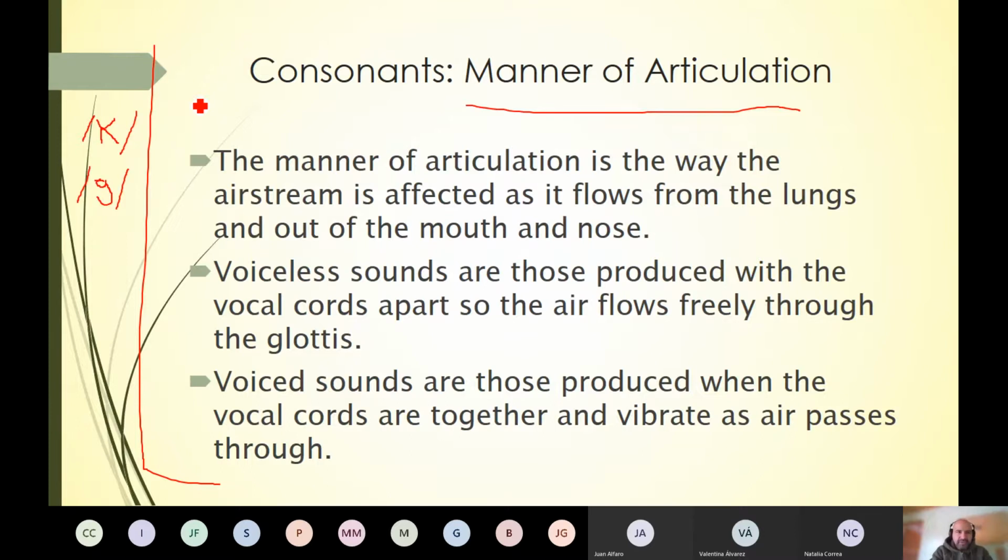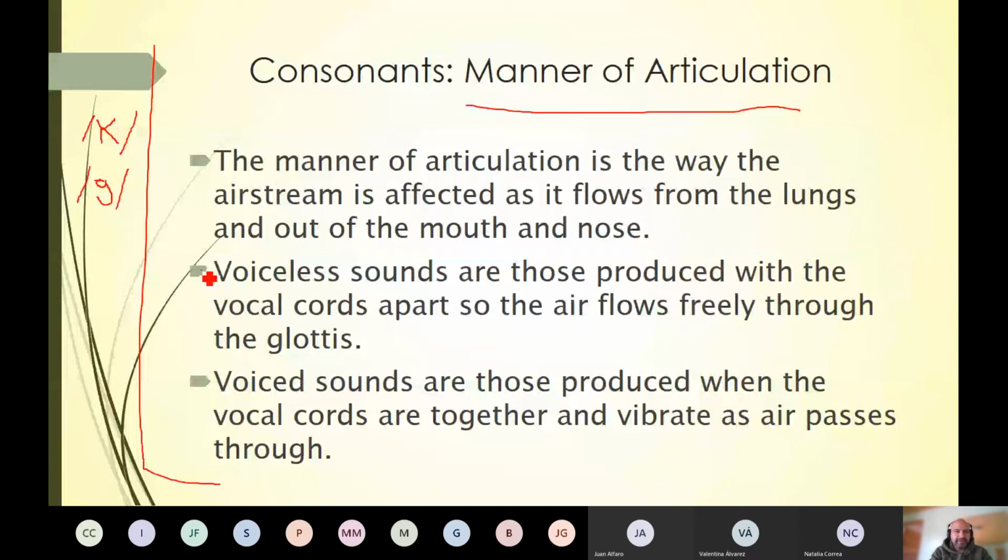If we consider these two on the left, k and g, in terms of place, both of them are velar sounds, right? In terms of manner of articulation, both of them are plosive. But if we refer to voicing, the first one, k, is voiceless, as there is no vibration of the vocal cords when the sound is produced. And g would be voiced.